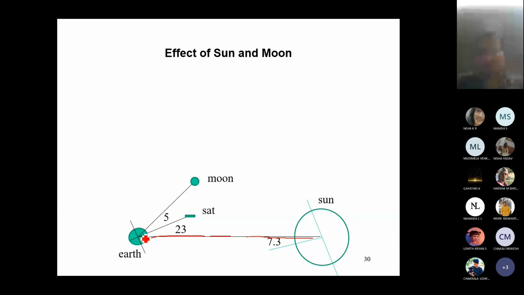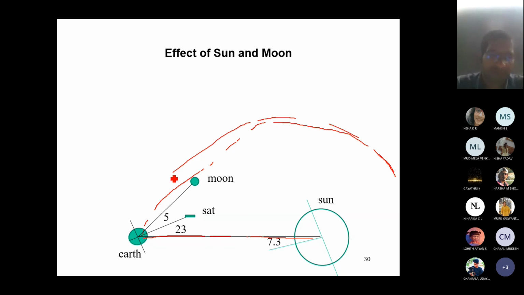Okay, if I draw, it is very difficult to represent here, but suppose this is the orbit.